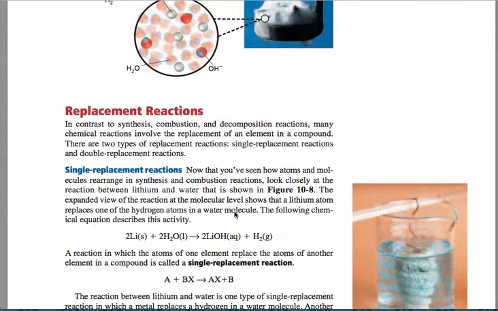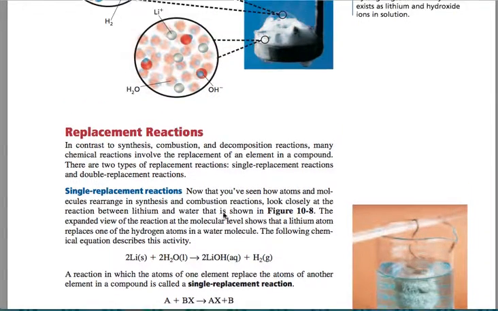Now that you've seen how atoms and molecules rearrange in synthesis and combustion reactions, look closely at the reaction between lithium and water that is shown in figure 10.8. The expanded view of the reaction at the molecular level shows that a lithium atom replaces one of the hydrogen atoms in a water molecule.